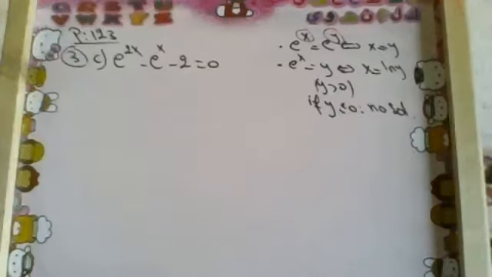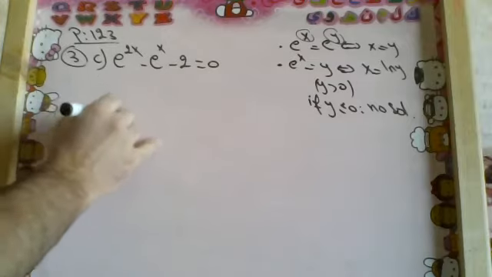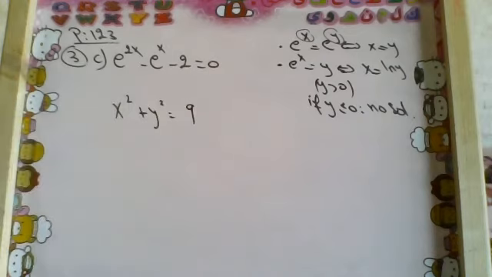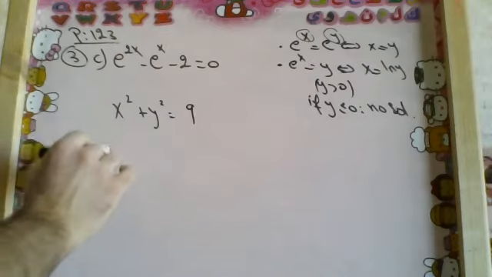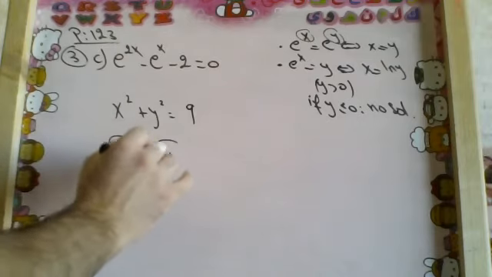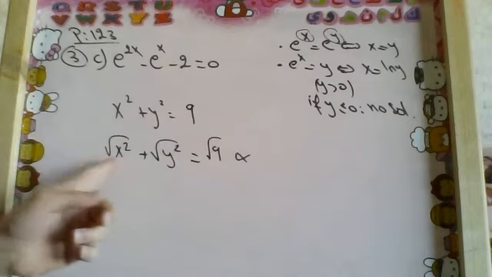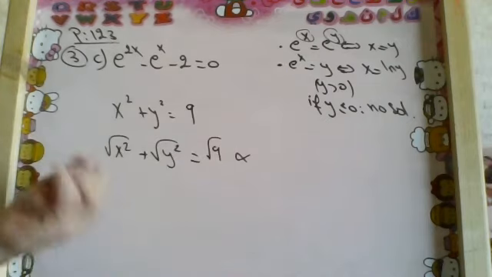First thing, why can't you put ln on each one of them? Do you know where your mistake is? We told you no, and we didn't go that way, why? Like the radical. For example, if you have x squared plus y squared equal to, let's say, 9, you can't put a radical on each one of them. You can't put radical x squared plus radical y squared is equal to radical 9. This is wrong.